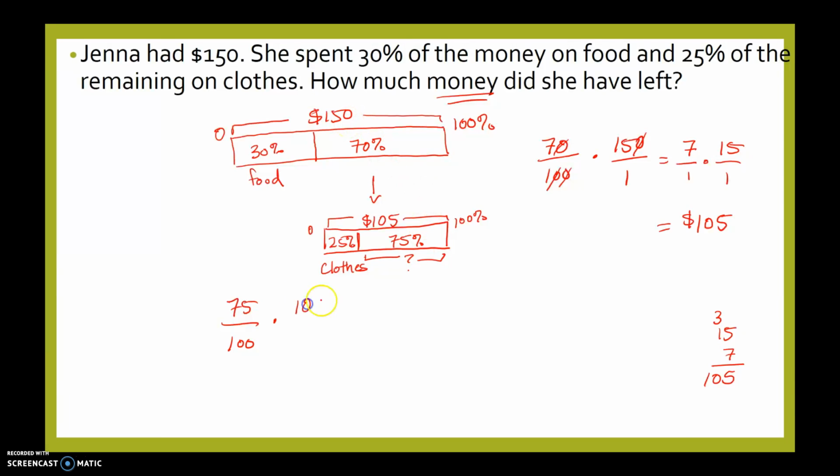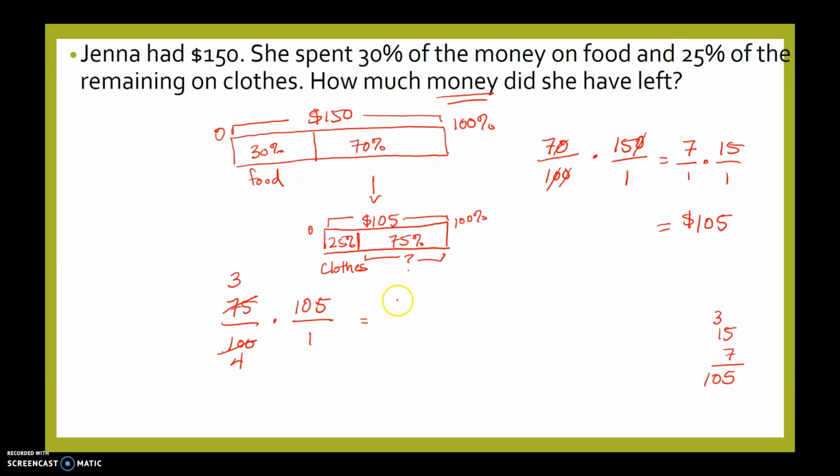So 75% of $105. Let's cross cancel here. Let's divide 75 and 100 by 25, and we'll get 4 here, and we'll get 3 here.